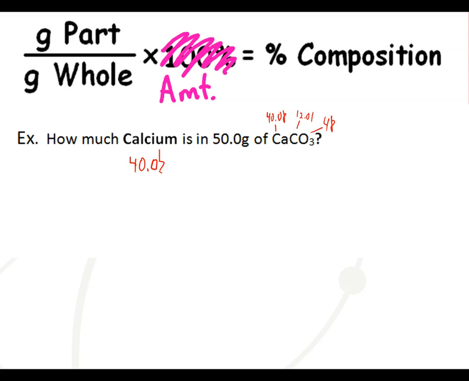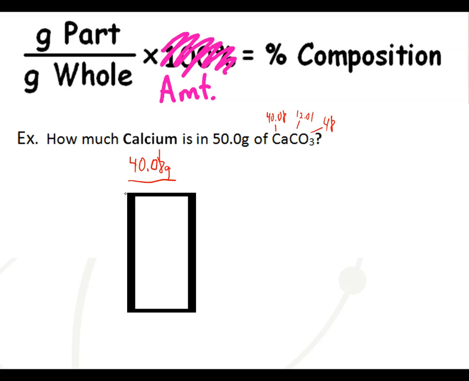Be careful about that. So 40.08 grams of calcium. Now we need the whole thing here, so I need to do some math. 40.08 plus 12.01 plus 48 equals 100.09 is our total here.